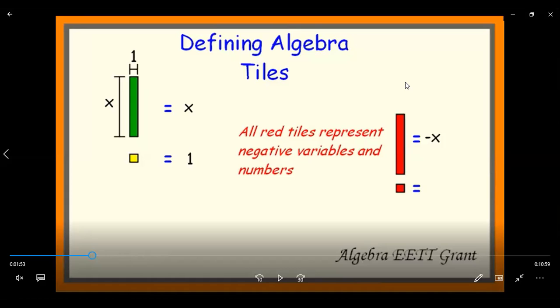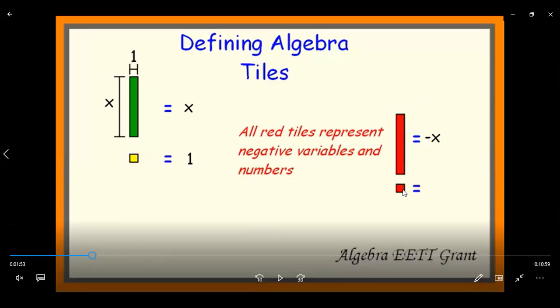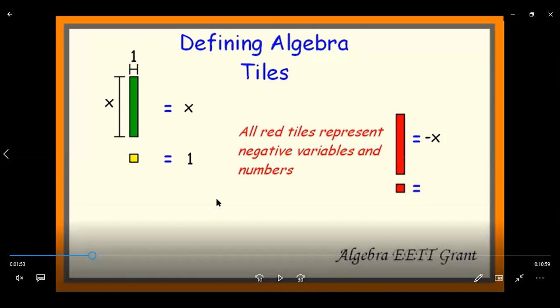All red tiles will be the negative values: a long rectangle with red color is negative x, and a small square with red color is negative 1. You have to memorize the key because we are going to write an equation with algebraic tiles.